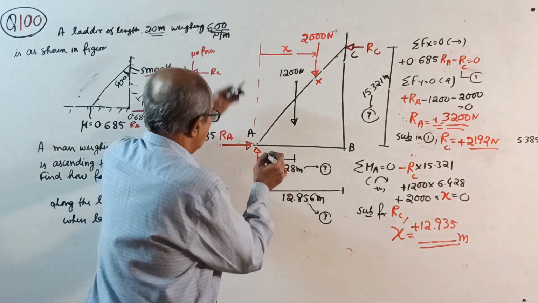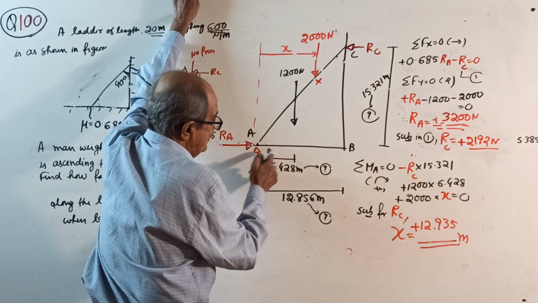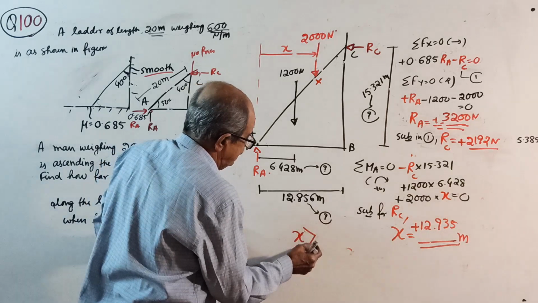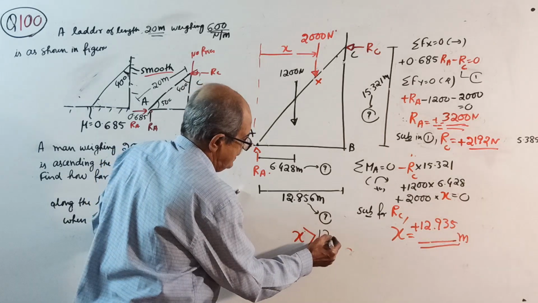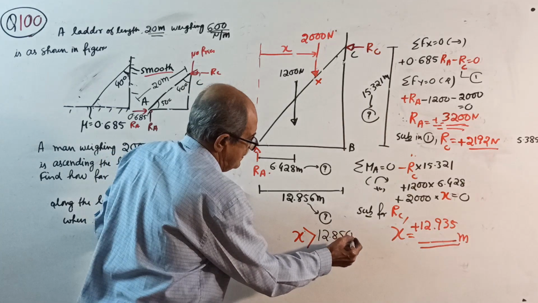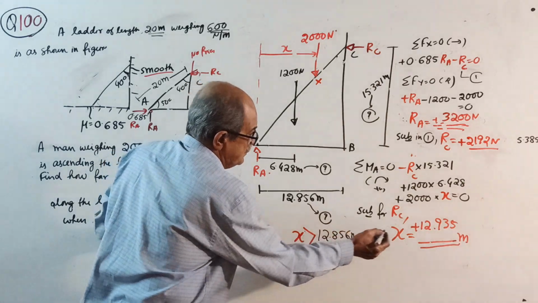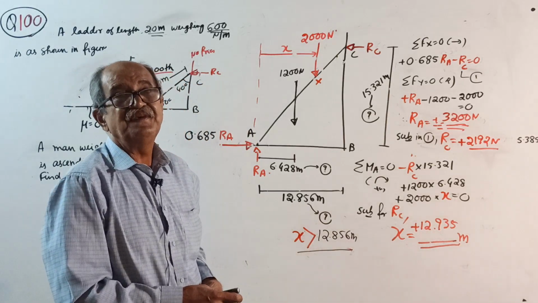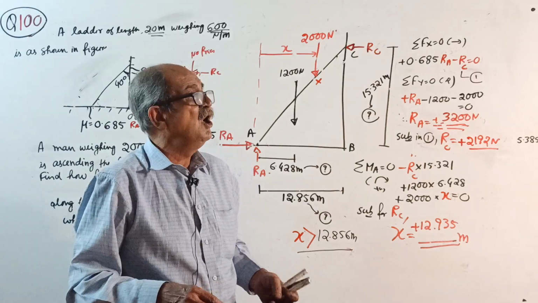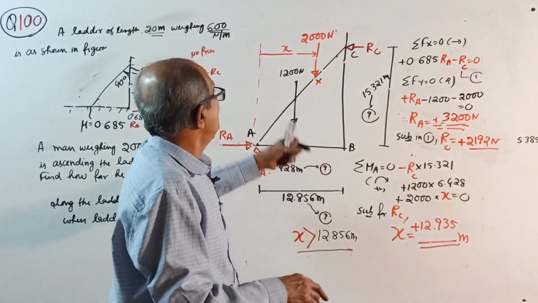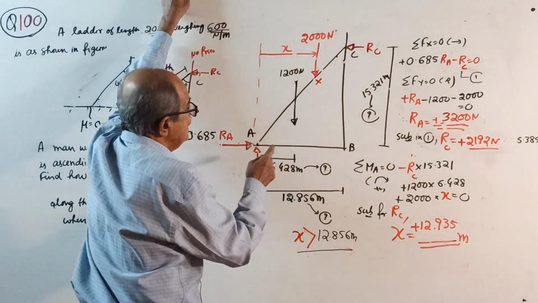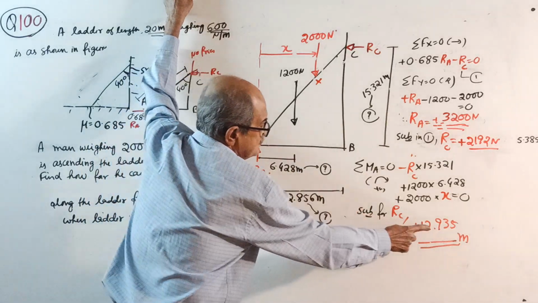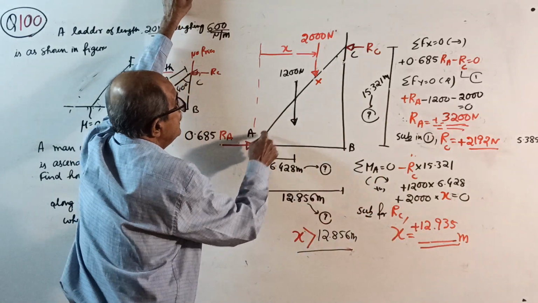See, the x value you got is more than 12.856 meter. Therefore, you got positive. That means it is celebration time. We are all watching him ascending the ladder. The ladder will slip theoretically when he covers a horizontal distance of 12.935 meter from here to here.